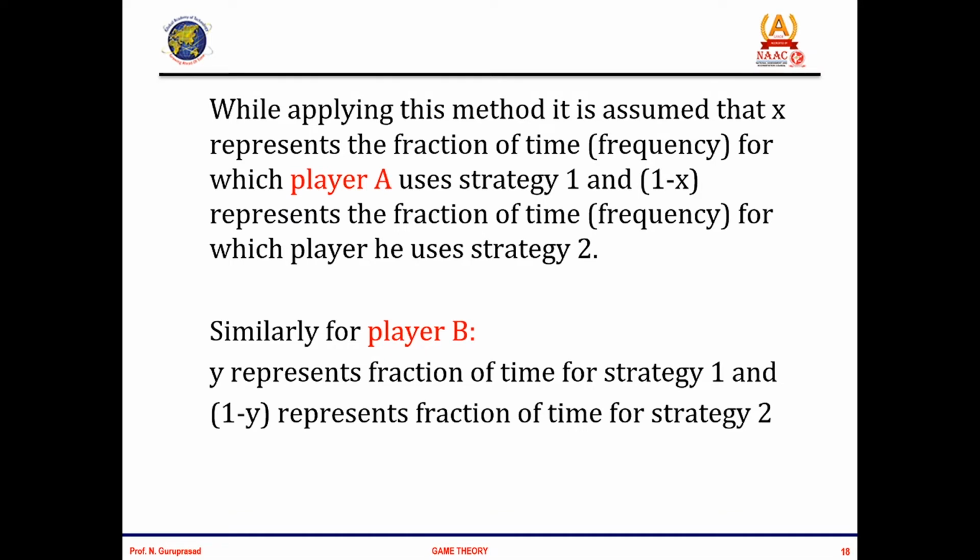So it is basically the concept of probability. If player A uses A1 with x, then 1 minus x will represent strategy A2. Similarly, for player B, y represents the fraction of time for strategy 1 and 1 minus y represents the fraction of time for strategy 2.